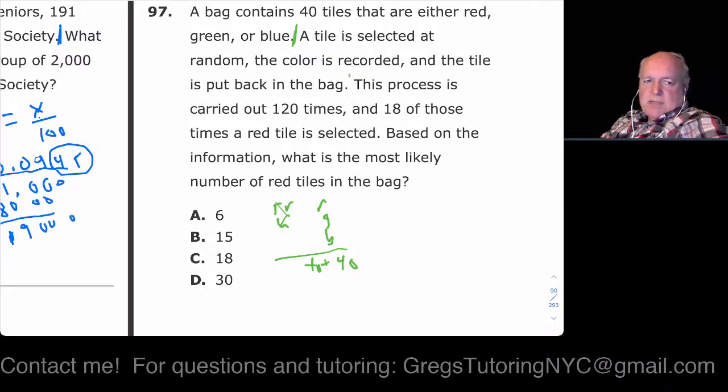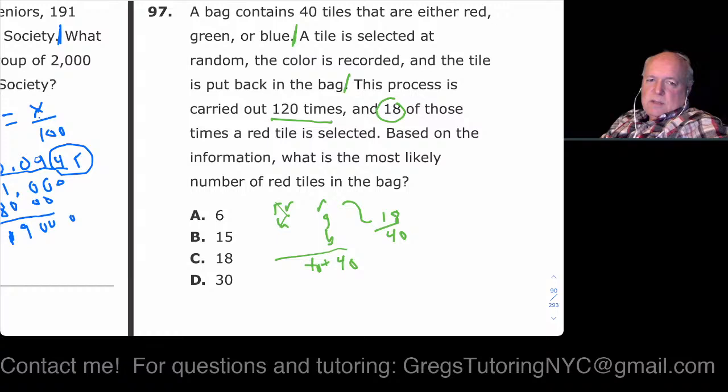The process is carried out 120 times, and 18 of these times the red tile is selected.